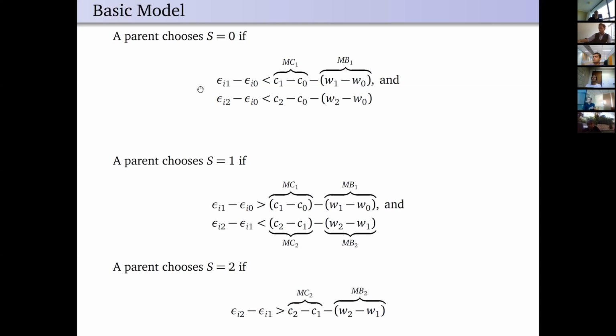I'm going to combine these two statements up here, just subtract one from the other, so that now we have this statement made in terms of marginal costs again. So now everything is written in terms of marginal costs, and we basically have two composite error terms to think about: epsilon 1 minus epsilon 0 and epsilon 2 minus epsilon 1. If you look at this, what's going to determine how much schooling someone is going to get?